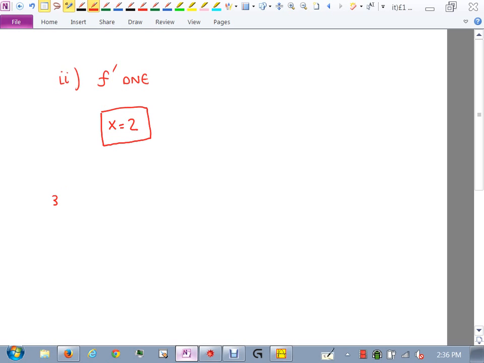So your third step now is to plug in your critical numbers and your endpoints into the original function. So what are my critical numbers that I'm going to plug in? Root 2 and 2. What are my endpoints? Negative 1 and 2, but I'm not going to do 2 twice, right? I don't need to plug it in once, that's all you need.